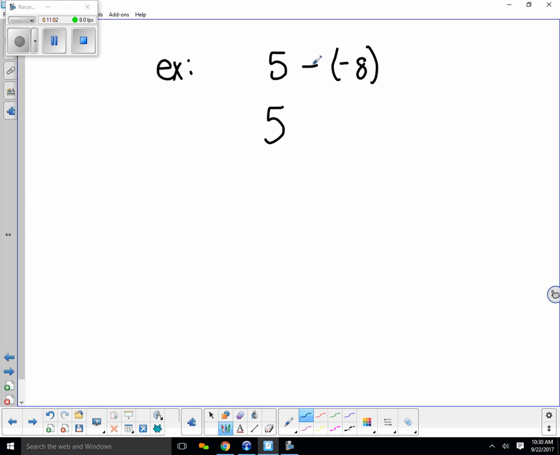Second step, change subtract to add. Third step said take the inverse of negative 8. What's the inverse of negative 8? Positive 8. And then the last step said to follow your addition rules. Signs are the same.